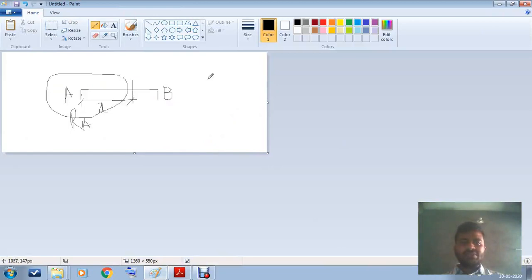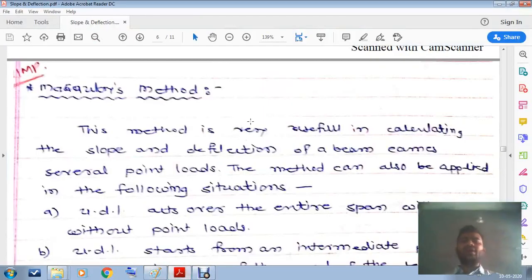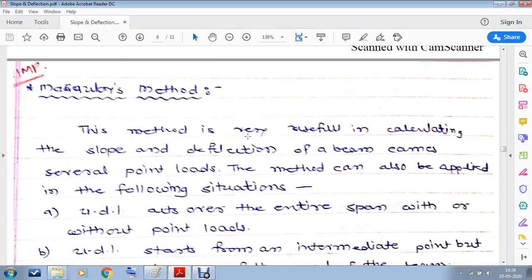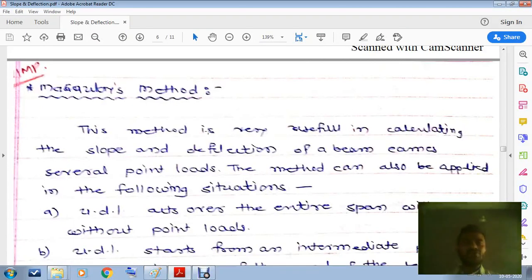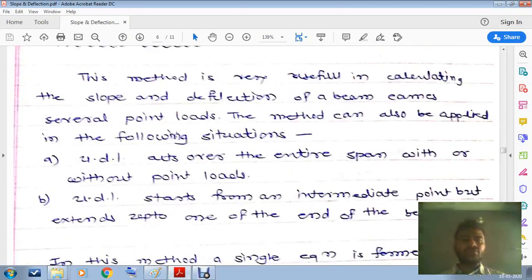This beam may carry a point load, it may carry a UDL, it may carry a moment also. These are the types of load the beam may carry, and to calculate the slope and deflection for all types of load, we make use of the Macaulay method. So this method is very useful.